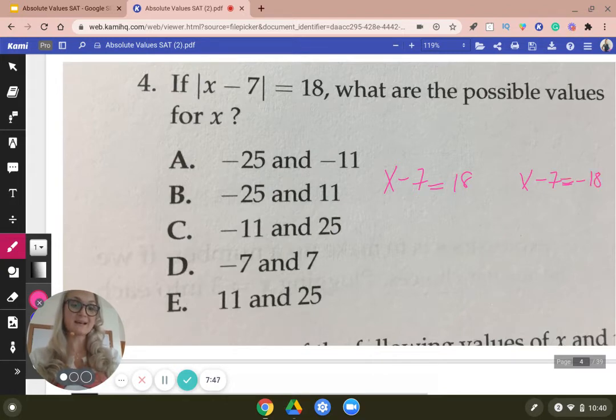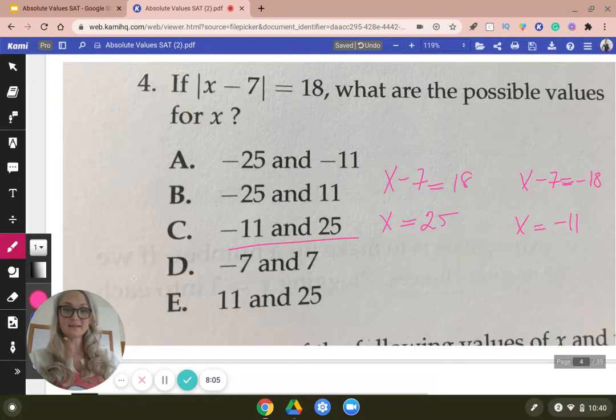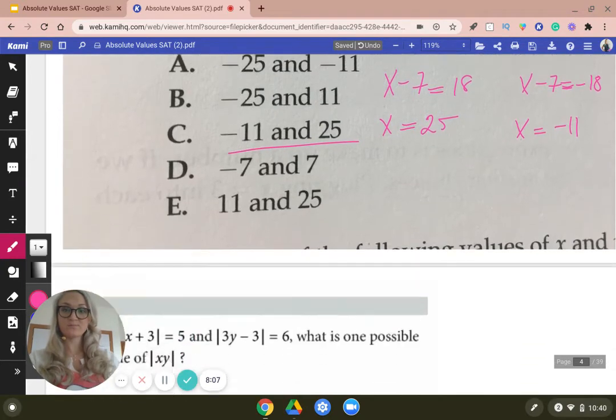Now, add 7 on both sides. We're going to have x is equal to, looks like it's 25, and then x is equal to -11. So the answers are -11 and 25. It's C. There you go.